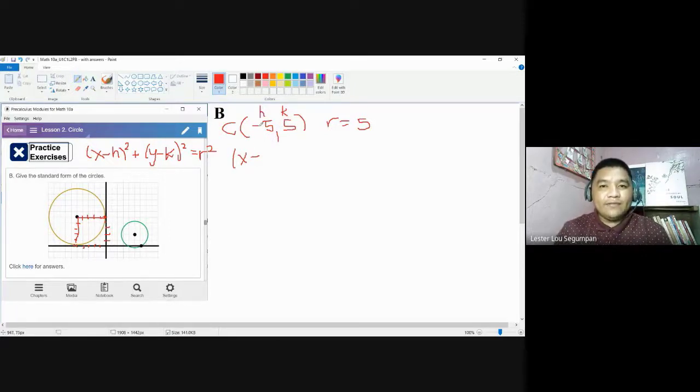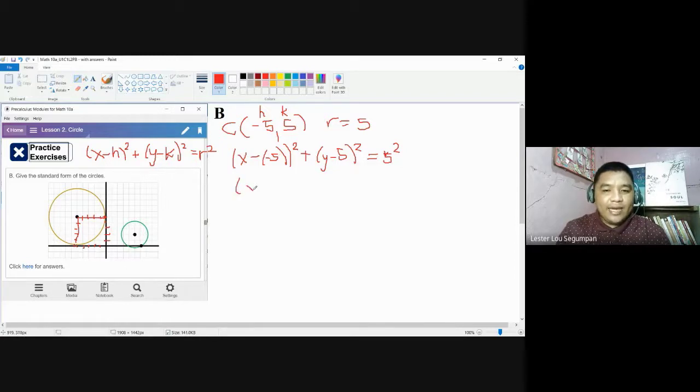So it's a negative value for h. Make sure to enclose it in parentheses so that we can consider the difference of signs later. Plus, you have y minus positive 5, squared, equal to r squared, which is 5 squared. And then simplify.